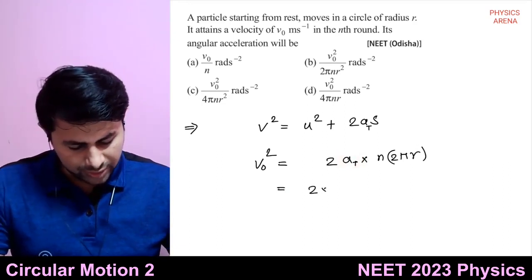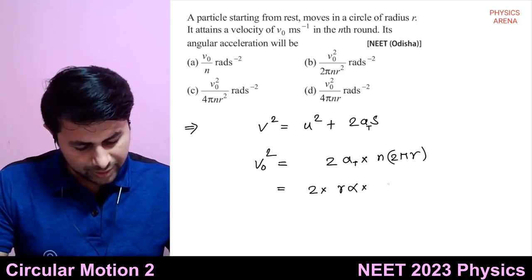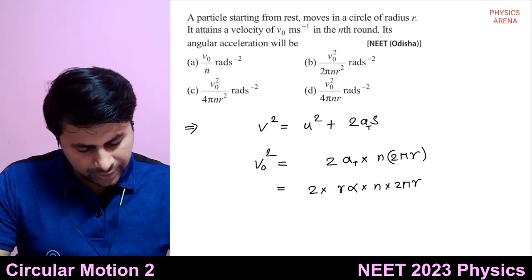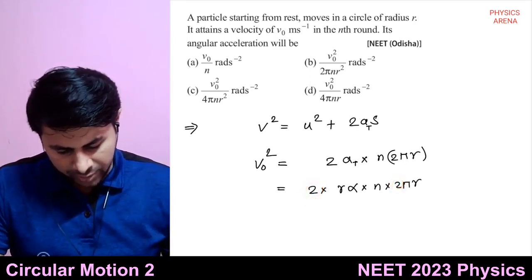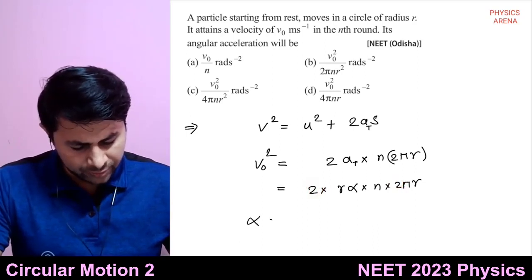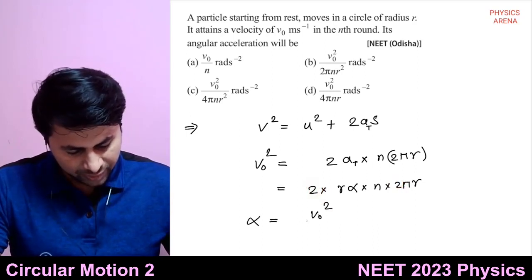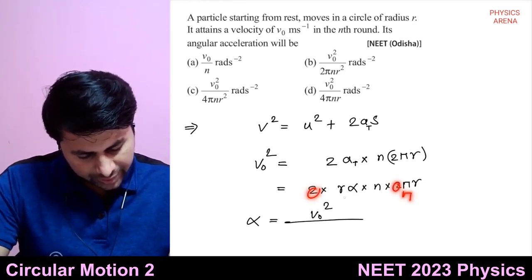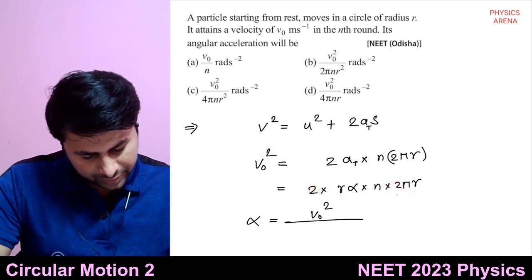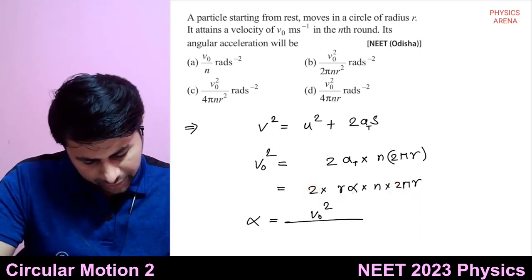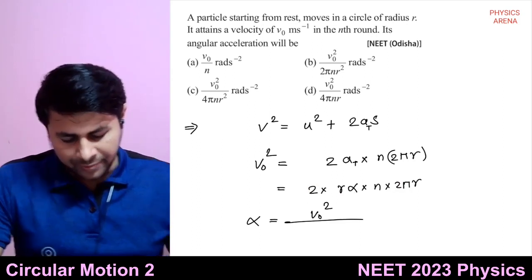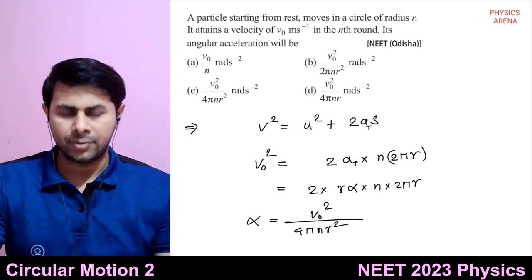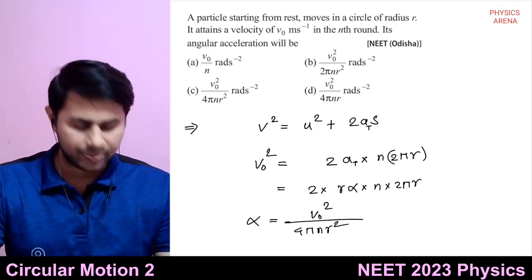So it is 2 multiplied by r into alpha multiplied by n into 2 pi r. 2 times 2 is 4, so you get alpha equals v0 square divided by 4 pi n r square.